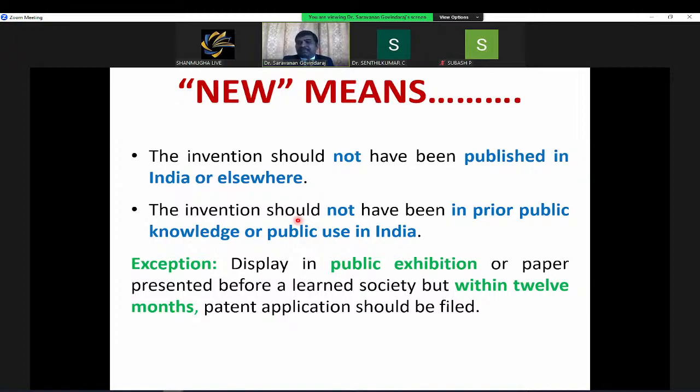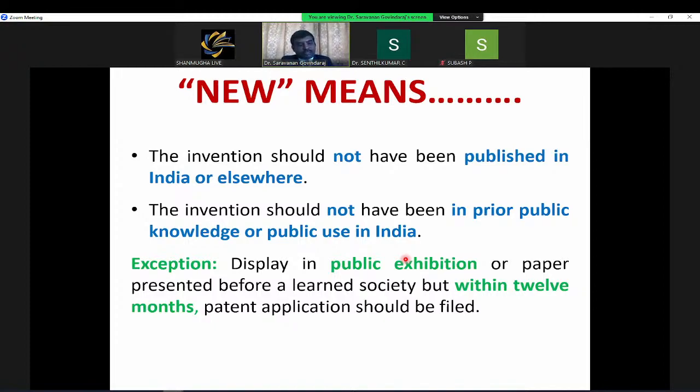And there are some exemptions. You can display your invention in public exhibitions, or you can present a paper before a learned society. But the only thing is, if you presented a paper or displayed it in a public exhibition, you should apply for a patent within a period of 12 months. If you do not apply within 12 months, that is 1 year, then you cannot file for a grant for your invention.